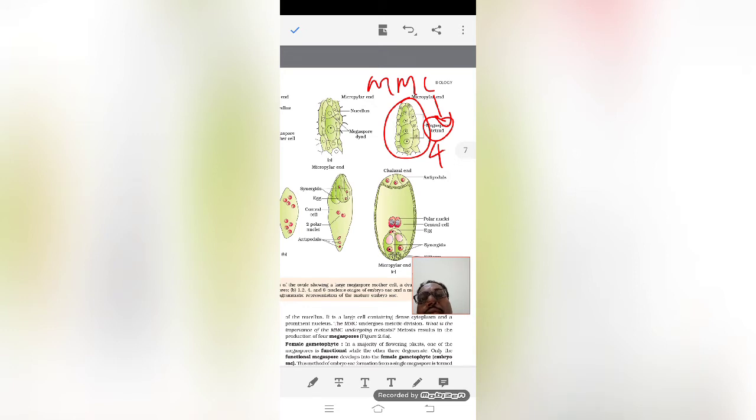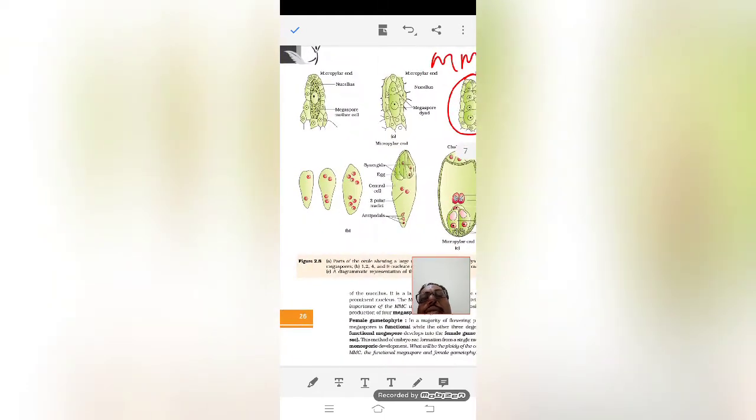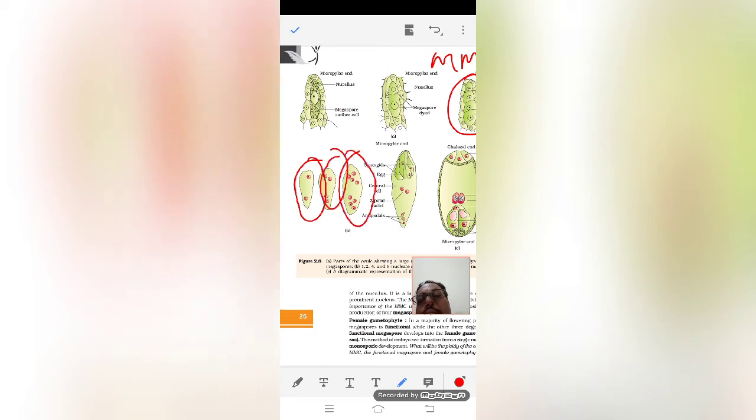After it is formed by the meiosis, from these 4, one cell will further divide mitotically. That means one will divide into 2, 2 will become 4, 4 will become 8.